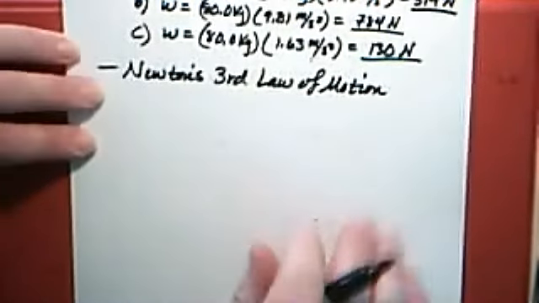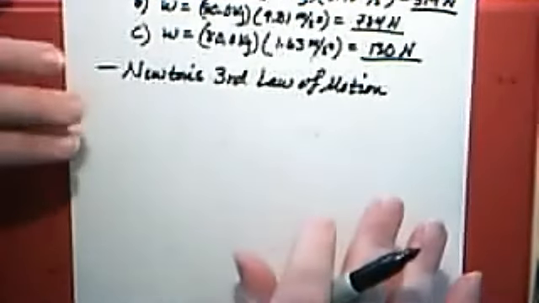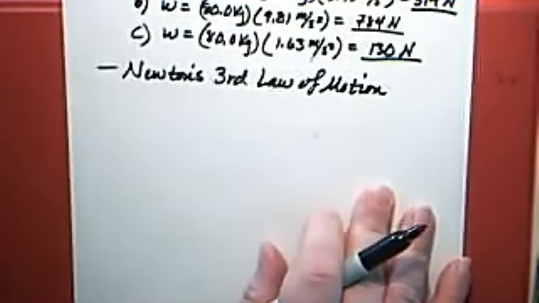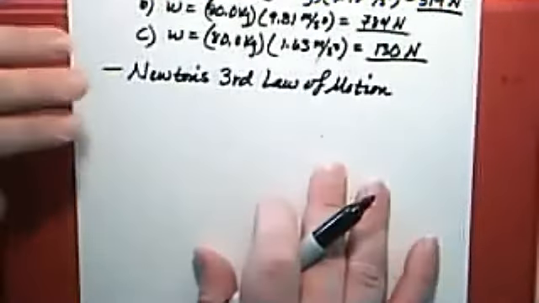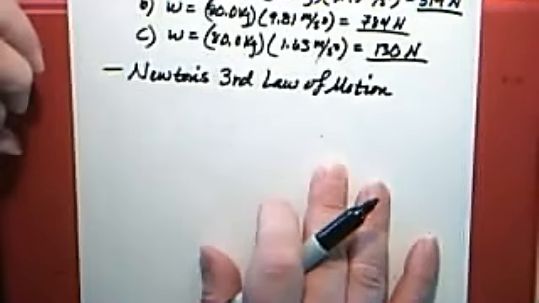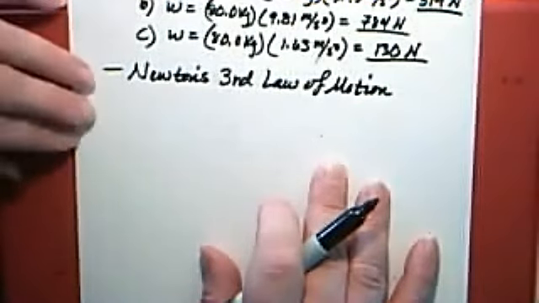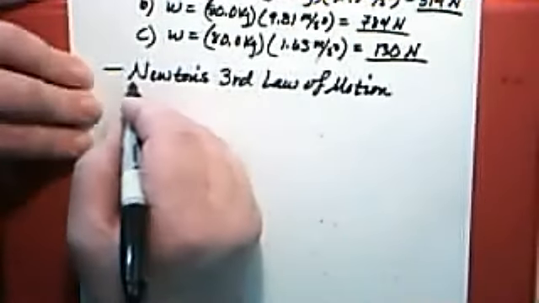So Newton's third law of motion is whenever two objects interact, the force exerted on one object is equal in size and opposite in direction to the force exerted on the other object. That's the formalized statement of it, and I'll write that down now.